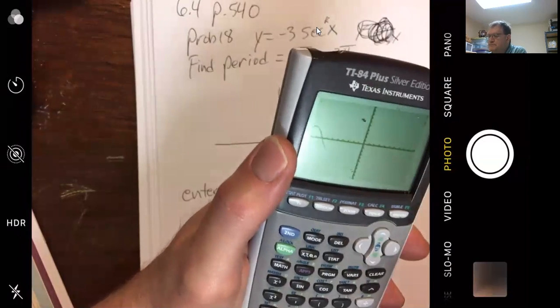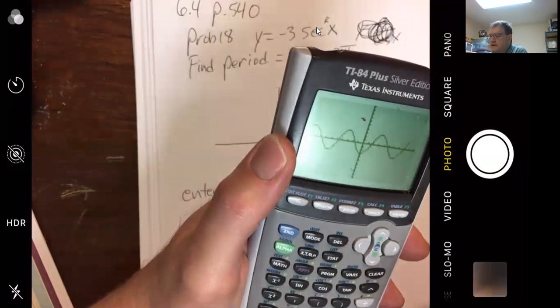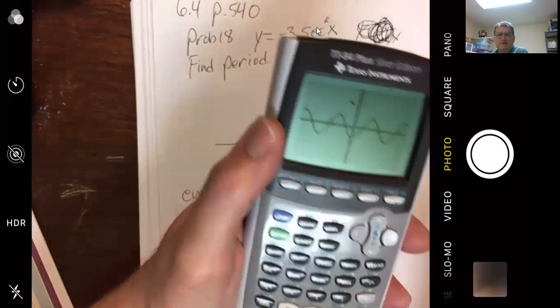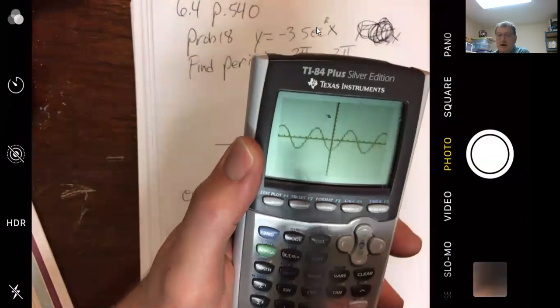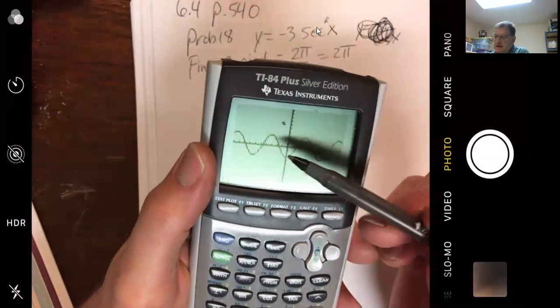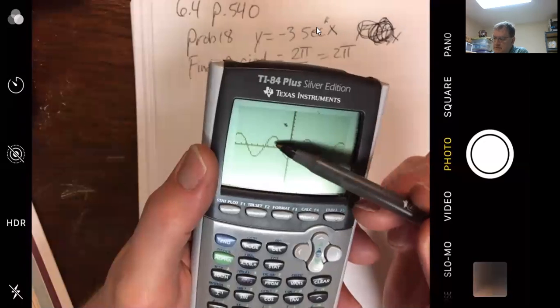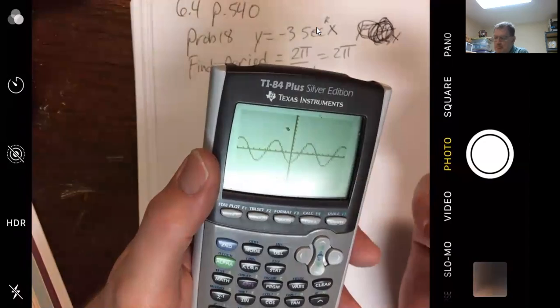Graph. So you notice the -3 is going to flip everything upside down, and the amplitude on it is going to be 3. Again, this is a straight cosine. To get the -3 secant, these humps are going to flip, that's going to be an upward U, this is going to be a downward U, and so on.